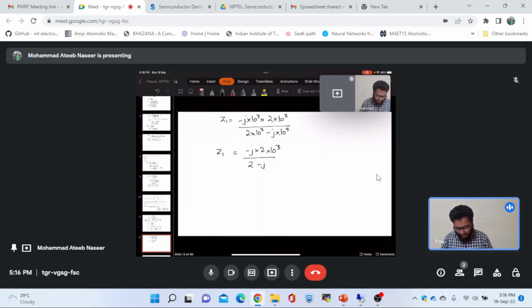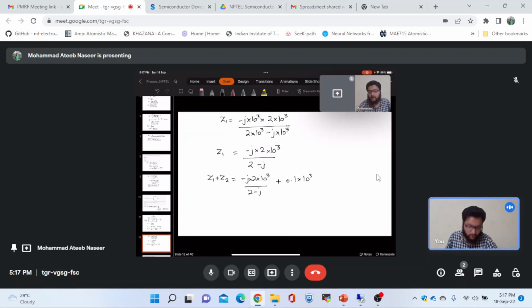Now this impedance is in series with Z2, which is just a 100 ohm resistor. I can simply add those. Z1 plus Z2 will give me minus 2j into 10 raised power 3 divided by 2 minus j, plus 0.1 into 10 raised power 3.